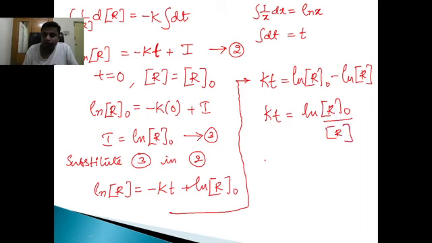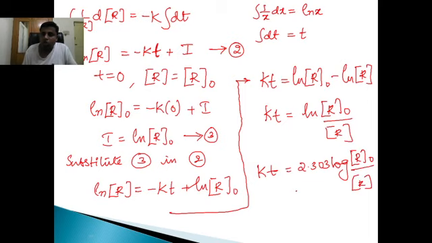Now convert natural logarithm to common logarithm. How do you convert natural logarithm to common logarithm? By multiplying with 2.303, isn't it? ln is natural logarithm, log to base e. log means common logarithm, log to base 10. So finally, send this t to the right hand side.